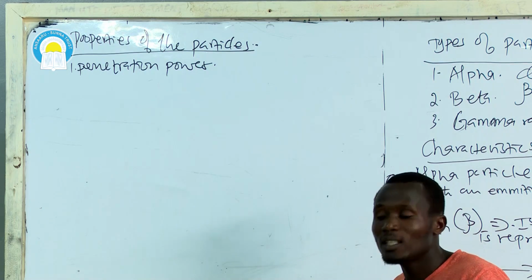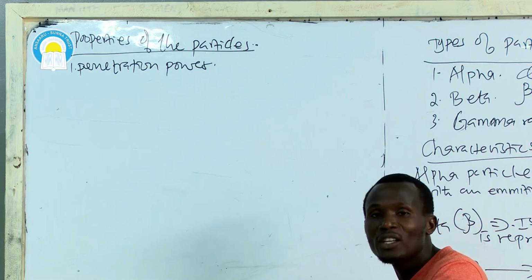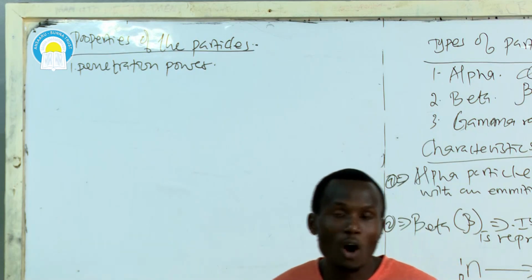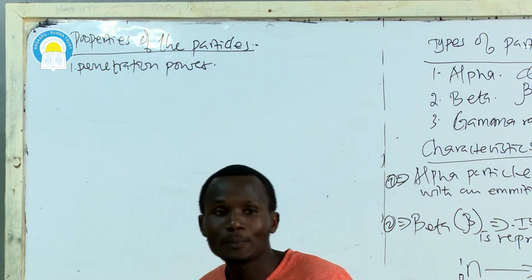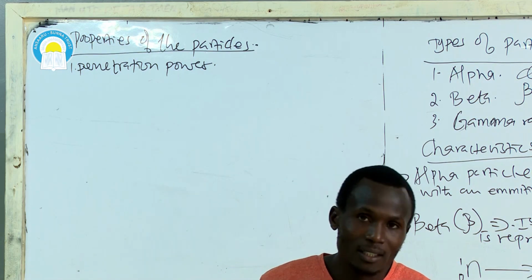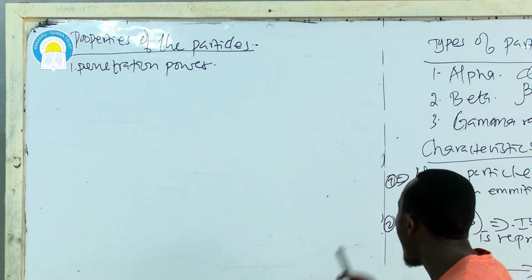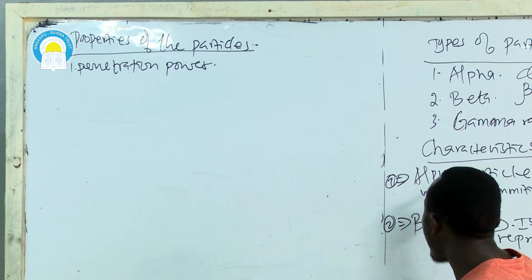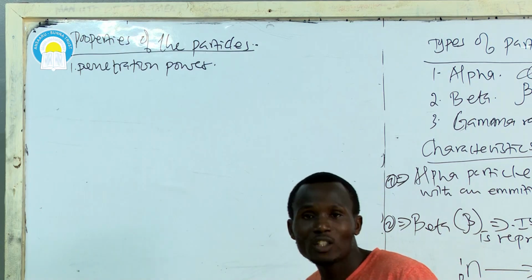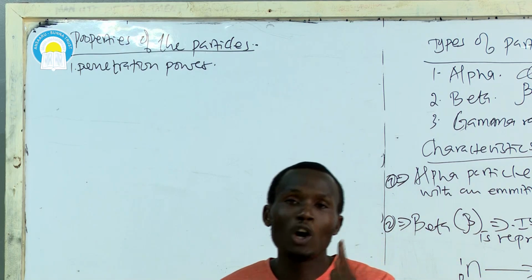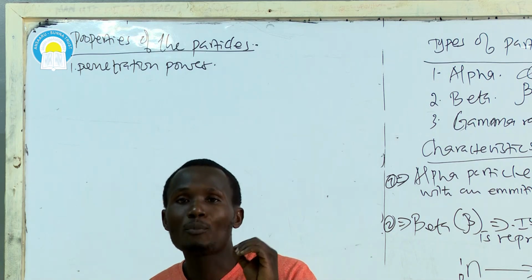That is to prevent the penetration of these radiations into the environment, or causing dangers to the living organisms around. So alpha particle has the lowest penetration power and is stopped by a piece of paper.